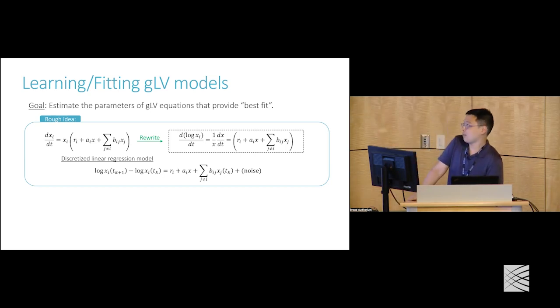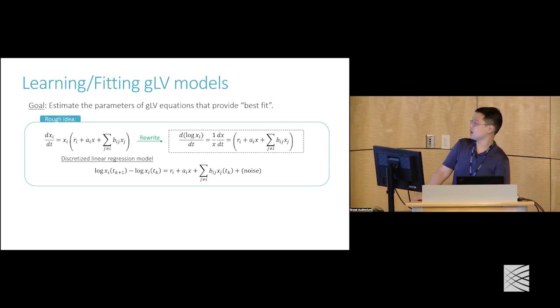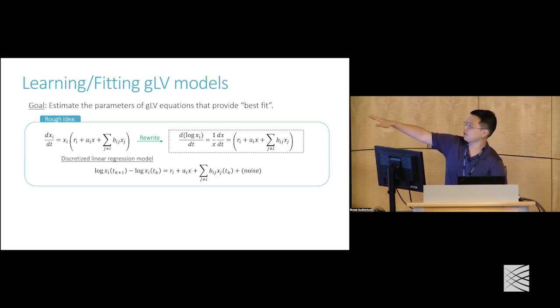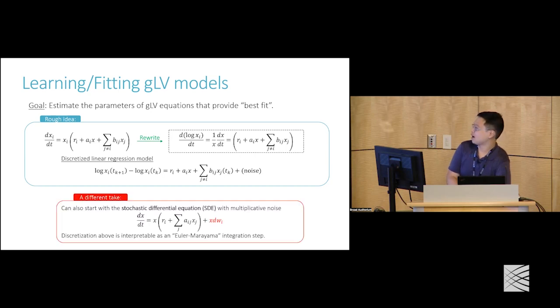And what often happens, computationally speaking, is that on the left-hand side we'll discretize it in an Euler fashion. So we'll have 2 different time points, and we'll compare not the difference in the abundances, but the difference in the log abundances, and say that that's somehow supposed to be equivalent to 1 iteration of this dynamical system plus maybe some noise. And this is more or less a heuristic.